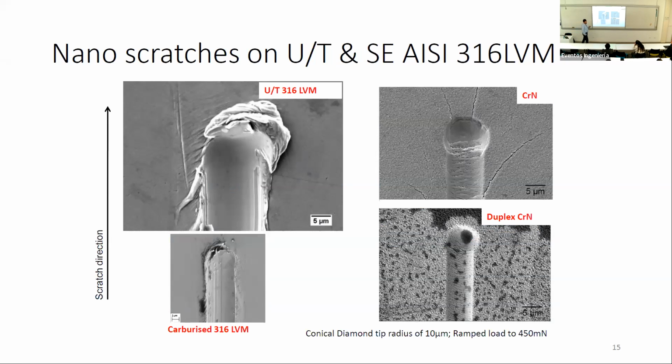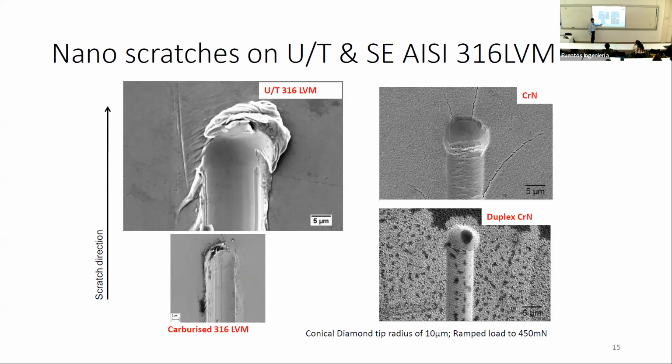We did some nano scratch testing using a conical diamond with a tip radius of 10 micrometers and with a ramped load from 0 to 450 millinewtons. And over here, these are at the same magnification. We could see that the untreated, we get a lot of plastic deformation.